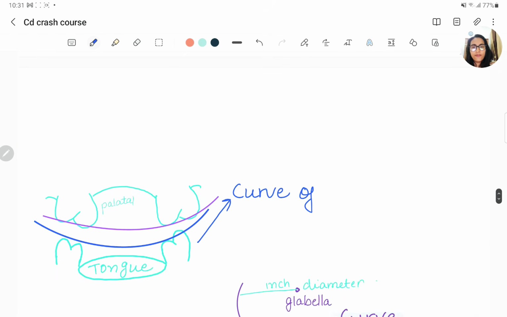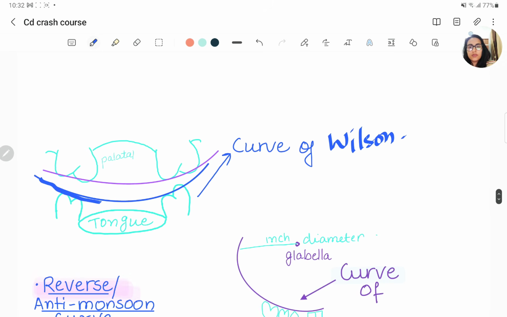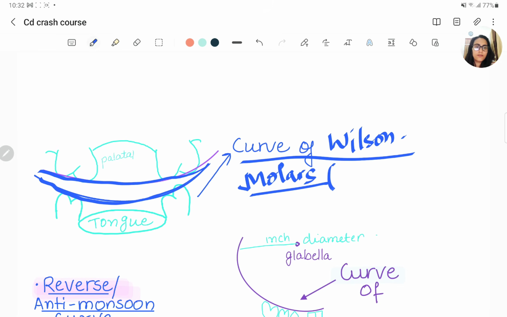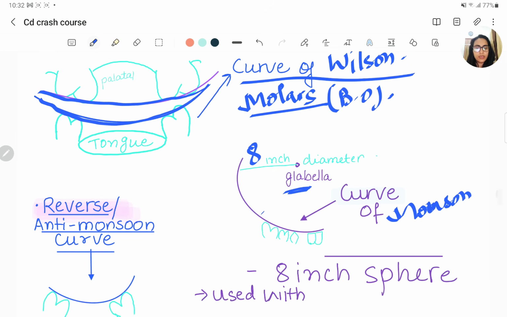Then we have this curve, which is the curve of Wilson. We arrange molars in balanced occlusion in the curve of Wilson. Then we have the curve of Monson, which makes a sphere with the center at the glabella of 8 inch in diameter.